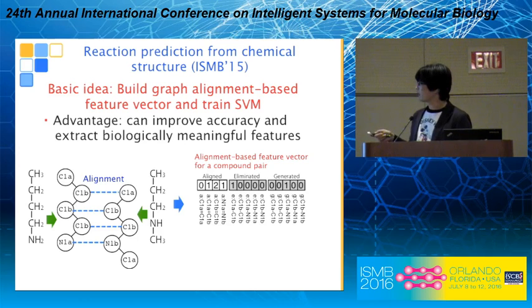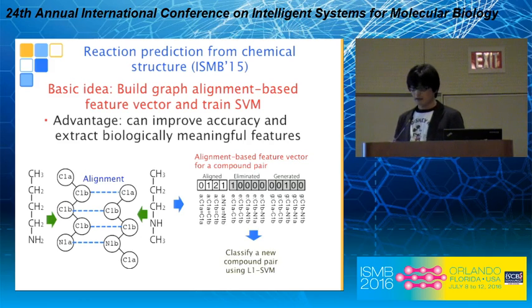I skipped the detail about this vector, but it represents which chemical substructures are preserved and which bonds are eliminated or generated. And once we get this feature vector for a compound pair, then SVM or any other classifier is available to classify this compound pair as a positive or negative example in terms of enzymatic reaction likeness.